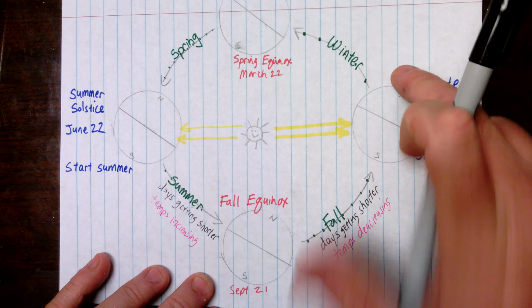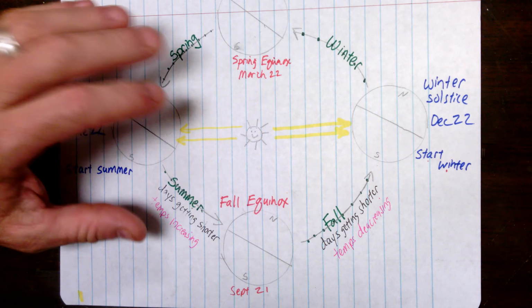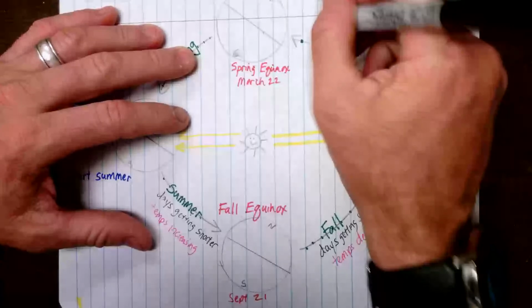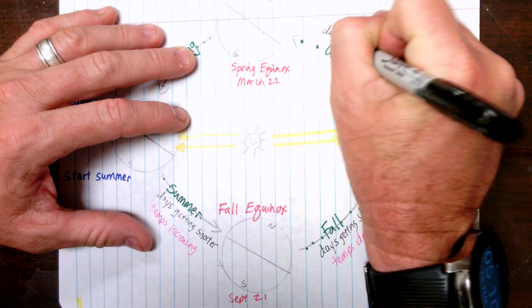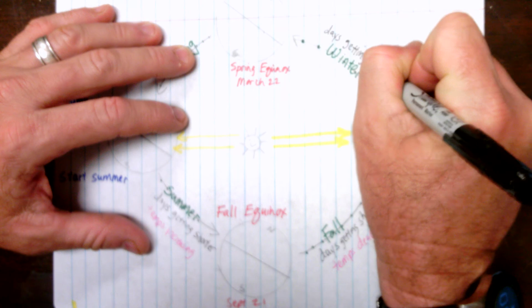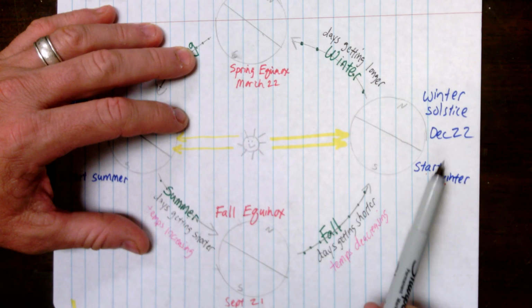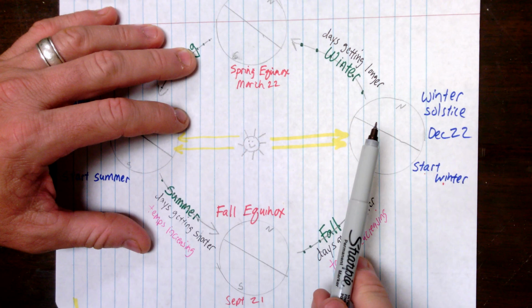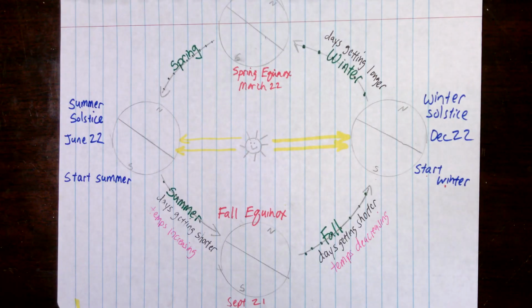Well, that means the very next day, we're actually starting to get a little bit more light. So actually in winter, days get longer. Every day after the solstice, the day gets a little bit longer. You get a little bit more sunlight.